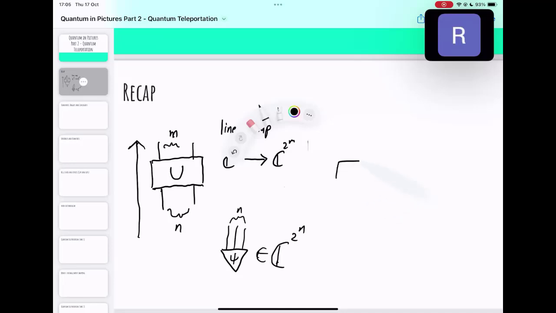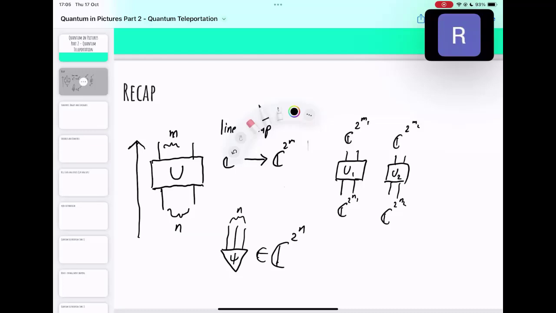Let's say you had two boxes, U1 and U2, with input dimensions C^(2^n1) and C^(2^n2), and output dimensions C^(2^m1) and C^(2^m2).